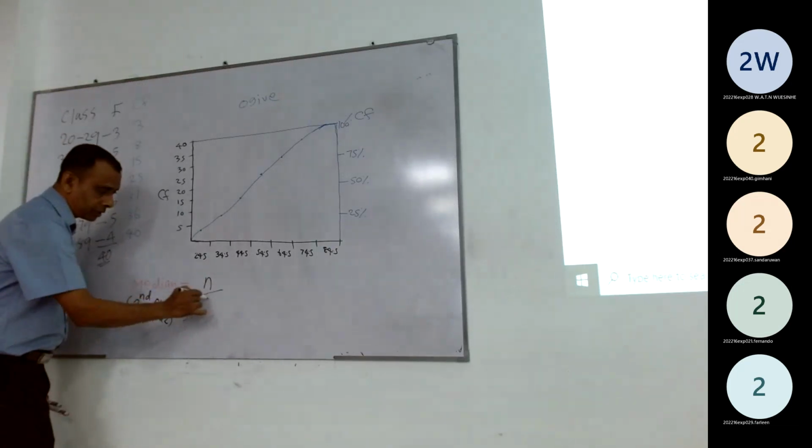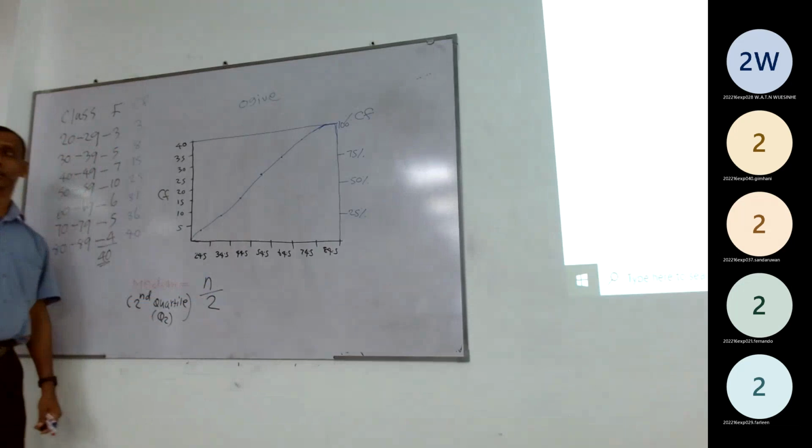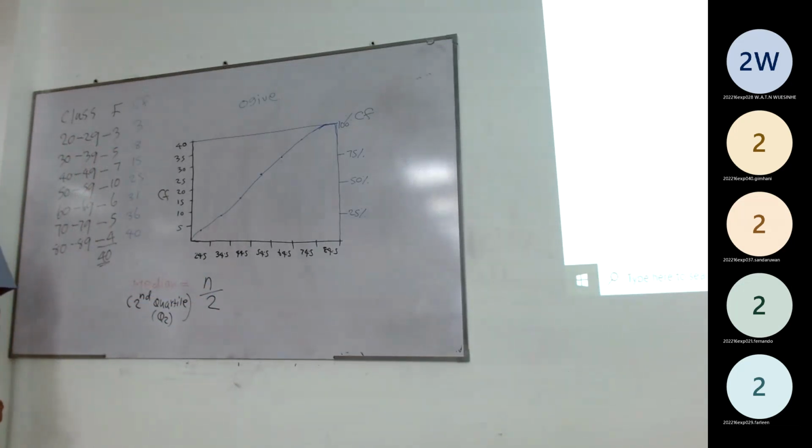N divided by 2, you can decide. Median means, when you take your data set, the middle point value of the data set after you organize it in ascending or descending order.